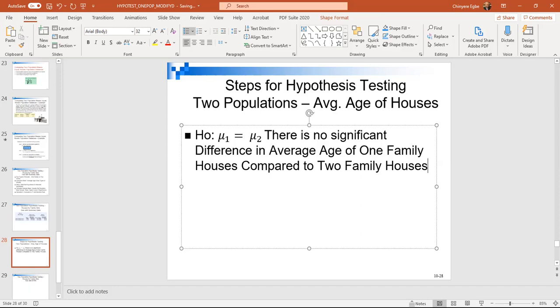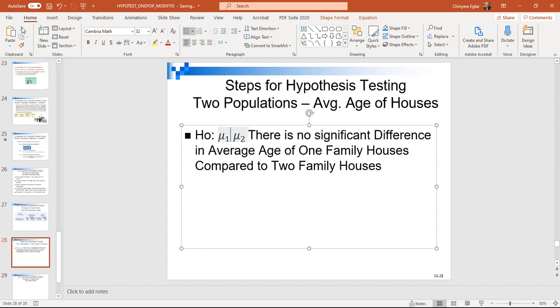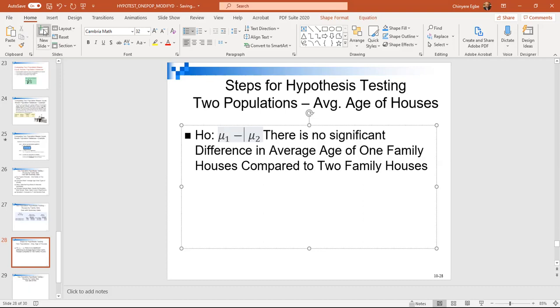Or you can simply say, it's better to put it that way, that mu1 minus mu2 equals 0.